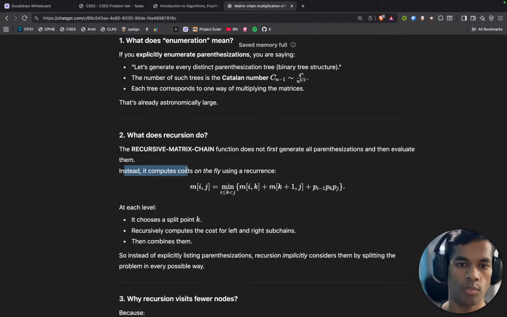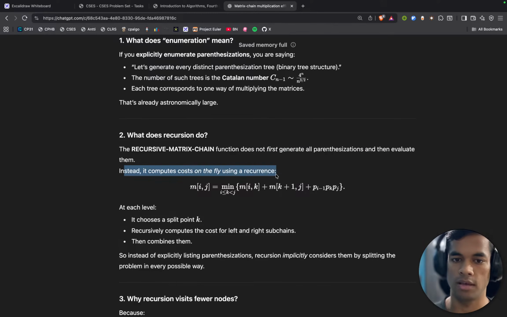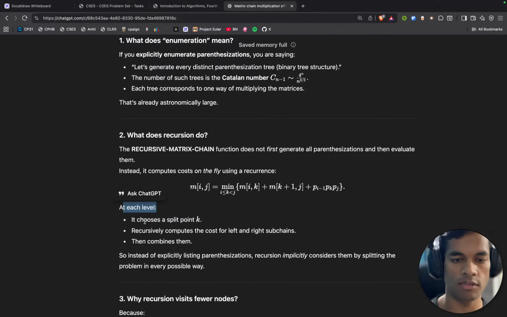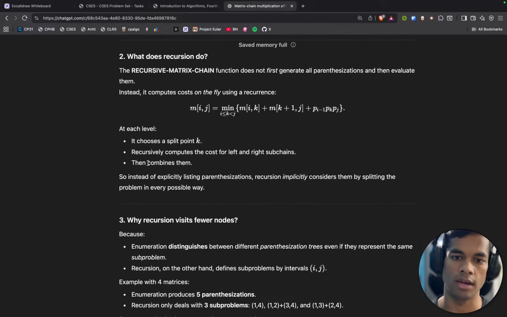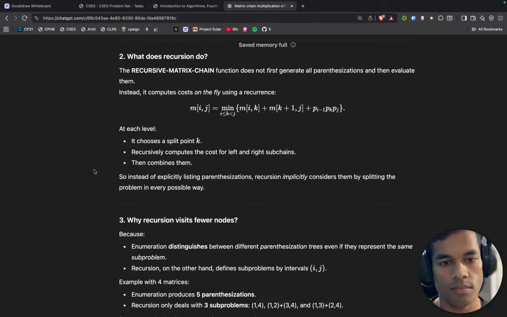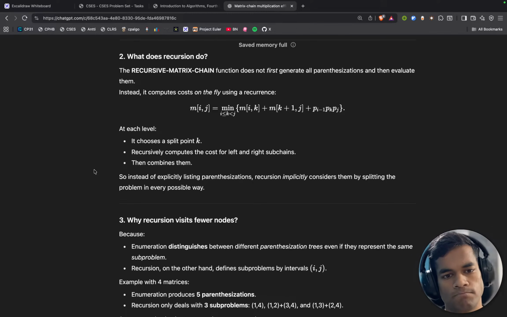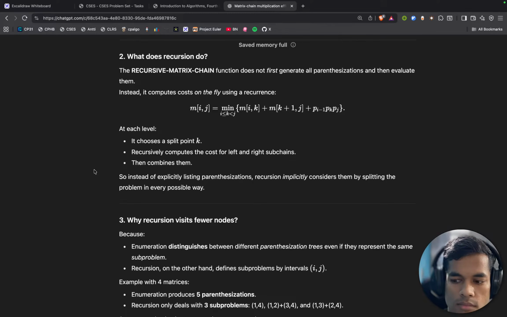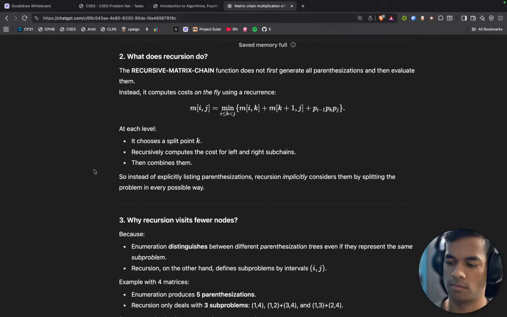Instead, it computes costs on the fly. At each level, it splits into two, recursively computes the cost for the left and right subchains, then combines them. So instead of explicitly listing parenthesizations, it implicitly considers them by splitting the problem in every possible way.